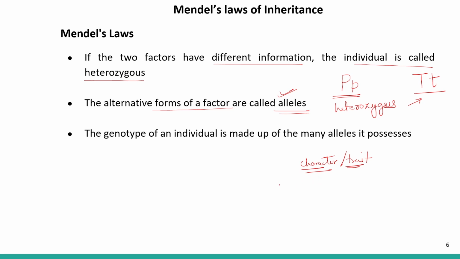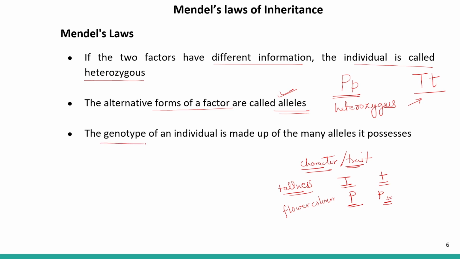So if we are taking tallness, then we have capital T and small t. So these are the alleles. If we have flower color, then we will have capital P and small p, right? So this is for purple and this is for white. So these are the alleles.